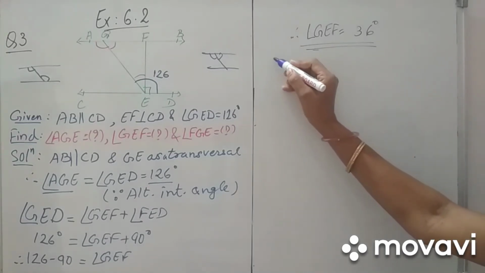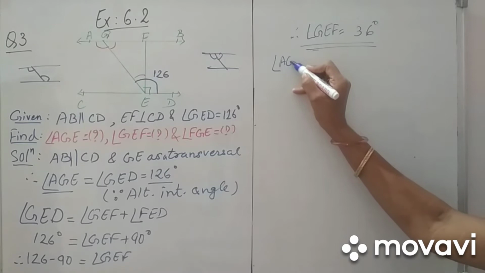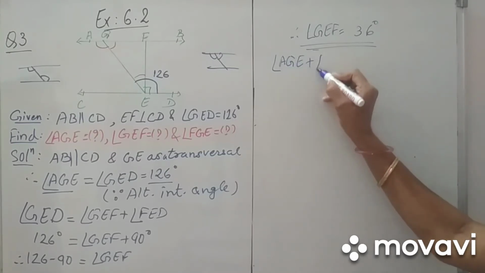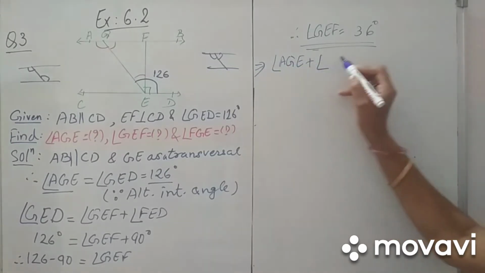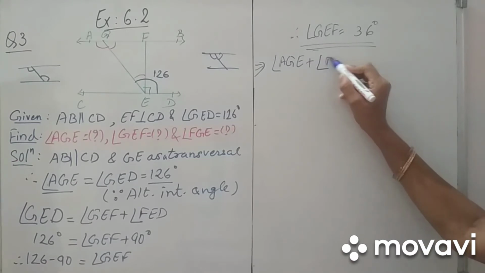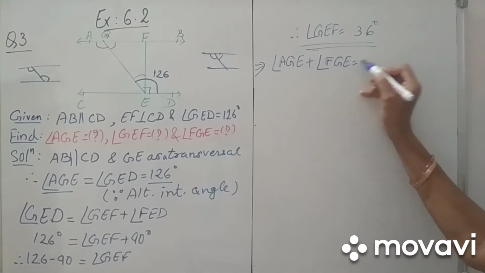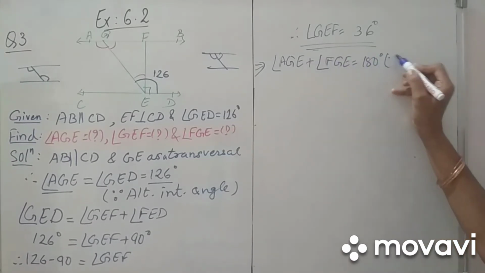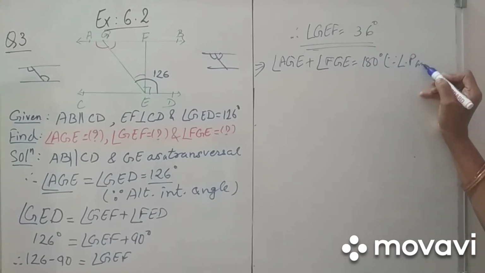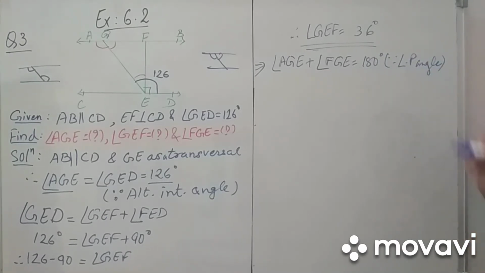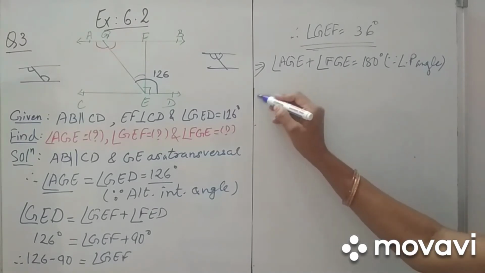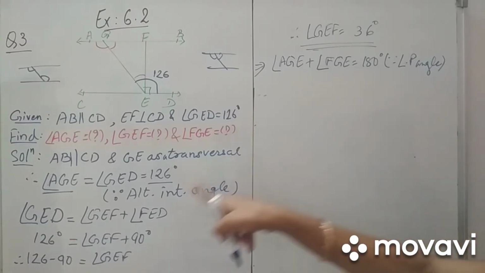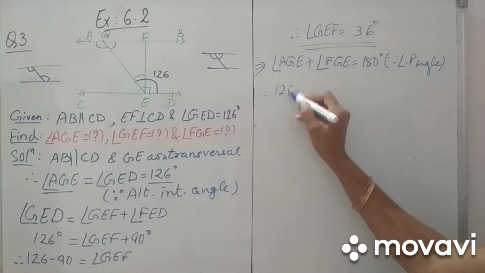So angle AGE plus angle FGE is equal to 180 degrees, because linear pair angles. Therefore, AGE we found here is 126.